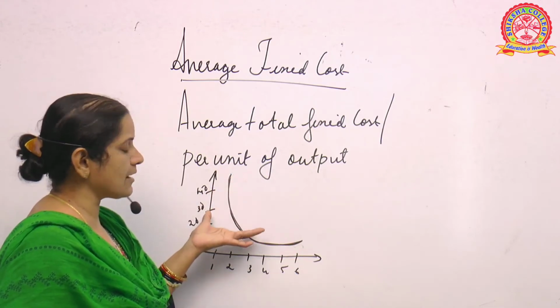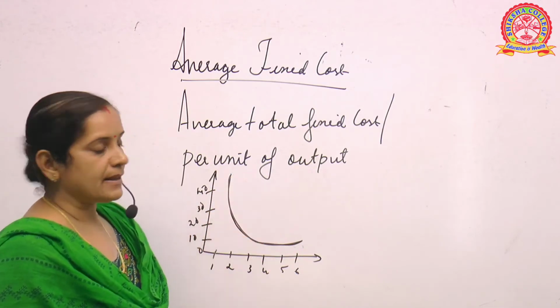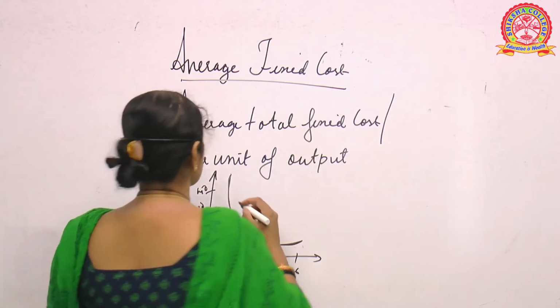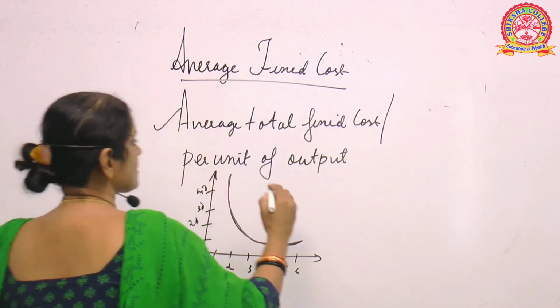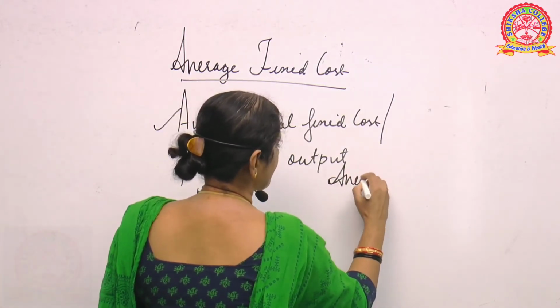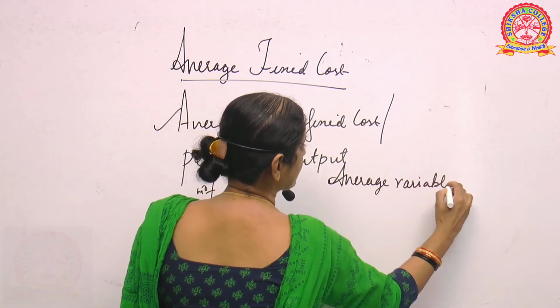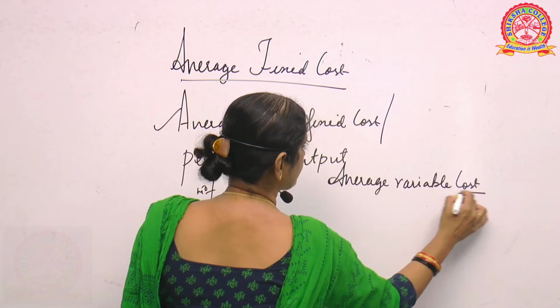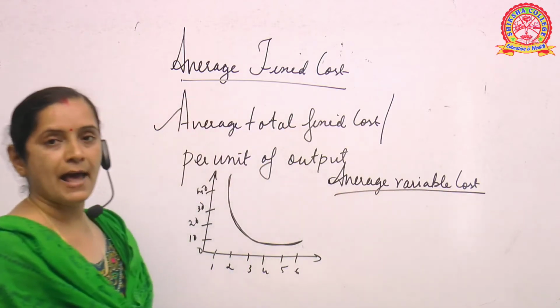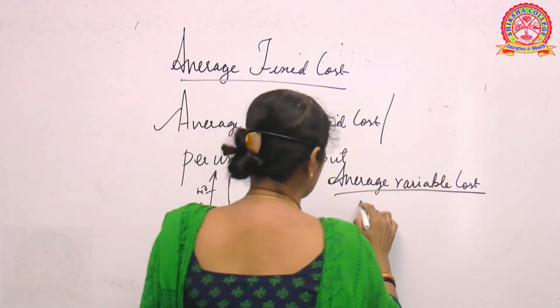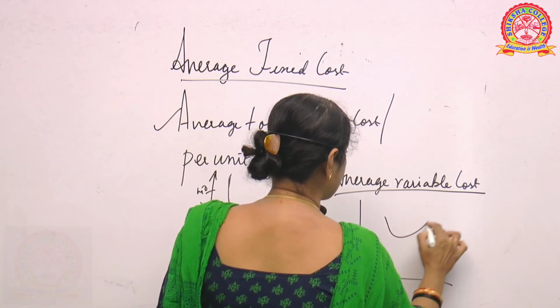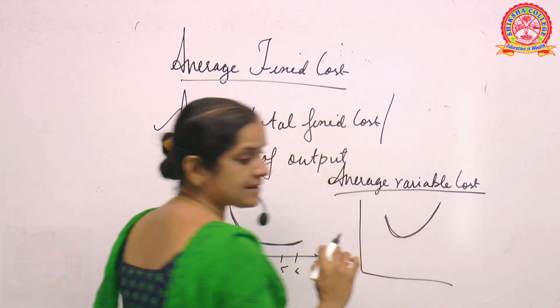Like means fixed cost curve will be something like this. Then your average variable cost. This is your average fixed cost. Then is your average variable cost. Okay, your average variable cost, if you put in a form of a curve, it will be like this. Something like this it will come.